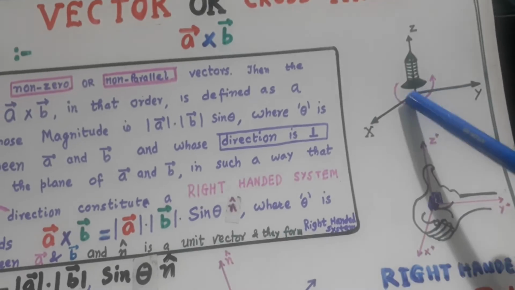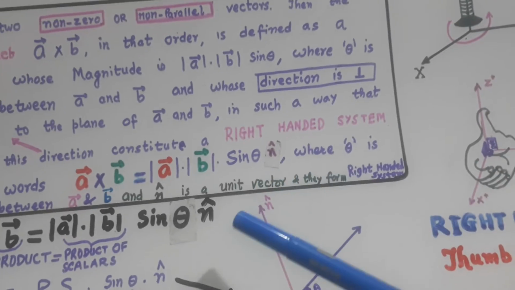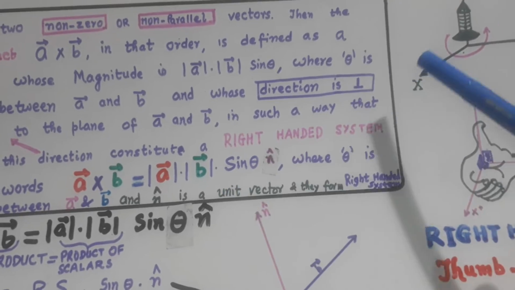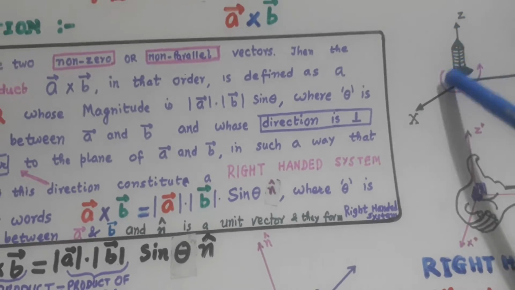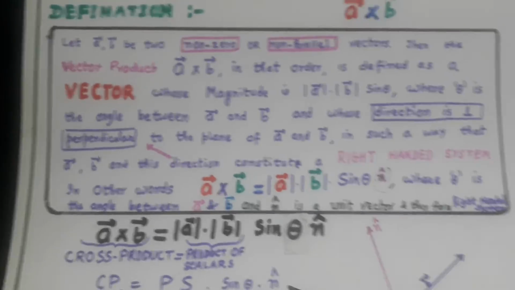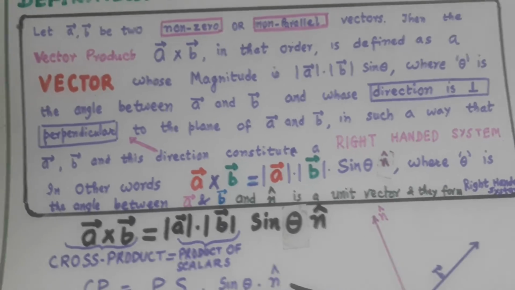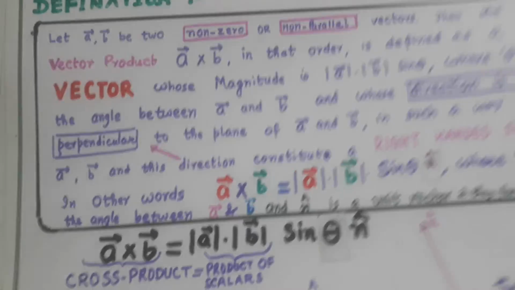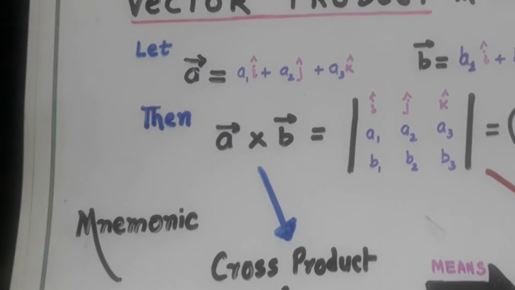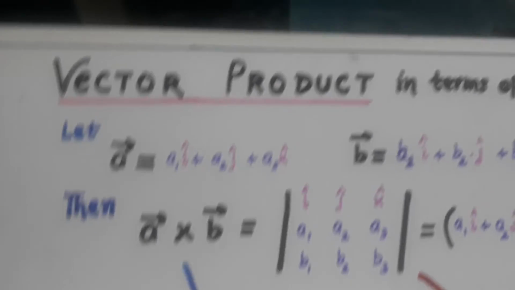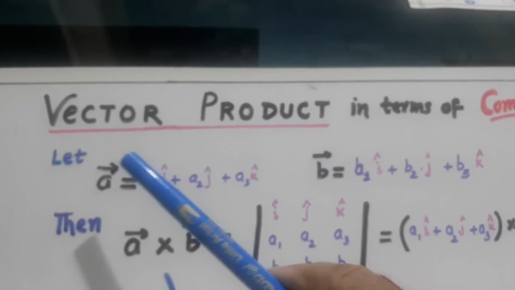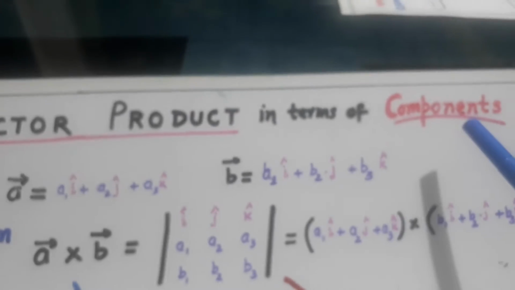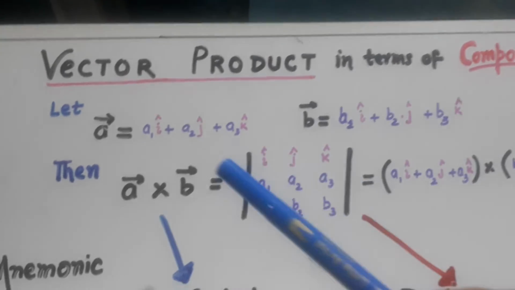It is a unit vector. N cap. It is the normal, perpendicular. So this was the definition. Now let us go further. Vector product in terms of components.